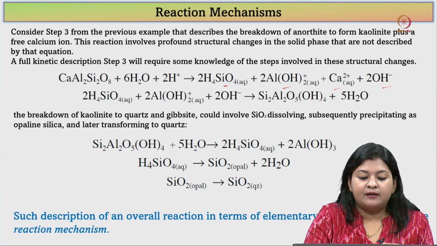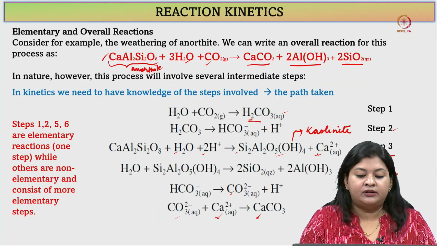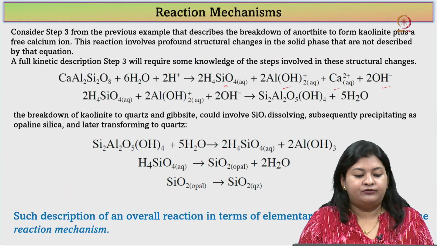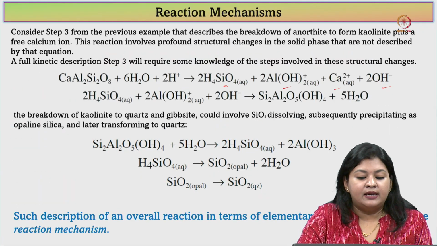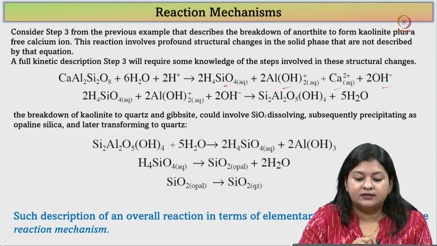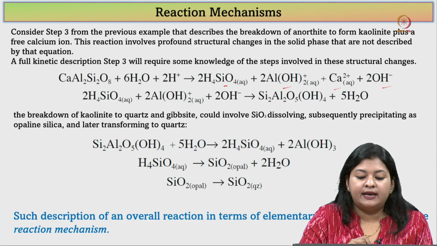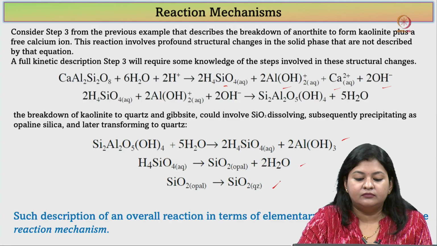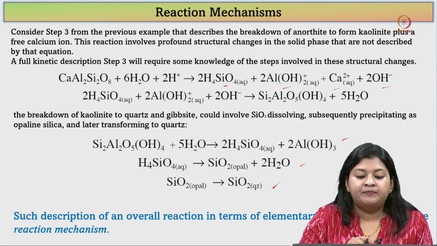Si2O5 plus 5H2O. So, this particular reaction, step 4, is forming quartz and gibbsite. This one again we are going to break down, and here we are trying to understand how SiO2 is changing.